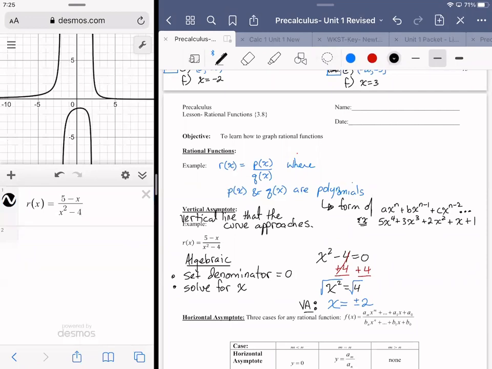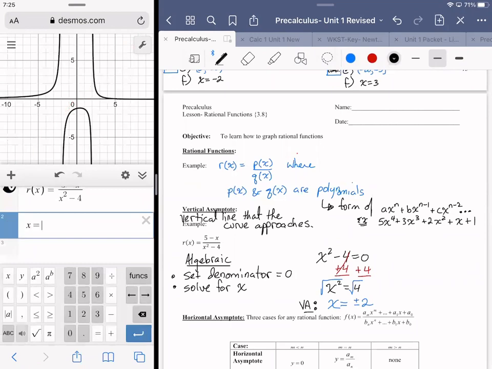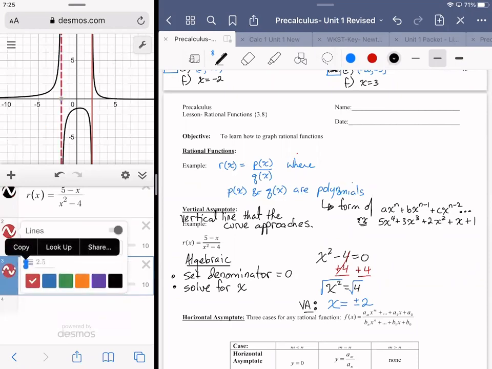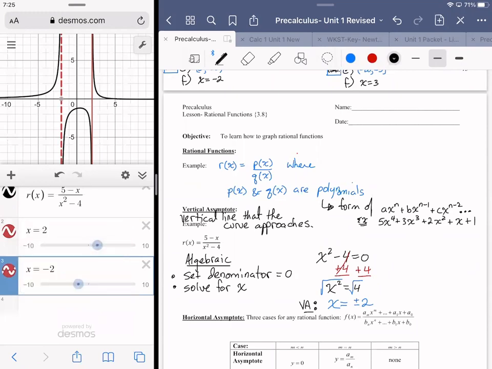If I plot x equals 2 and x equals -2, you see vertical lines up here. I'm going to change the format a little bit, make them dashed. Makes it pop a little bit more.